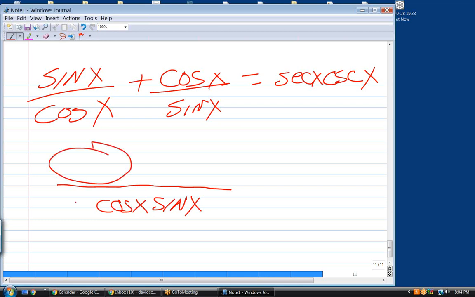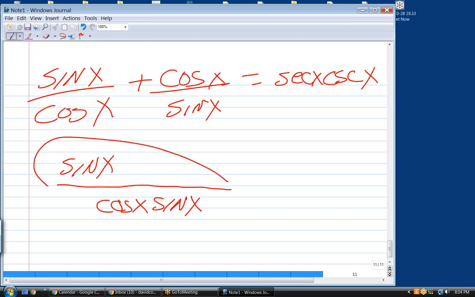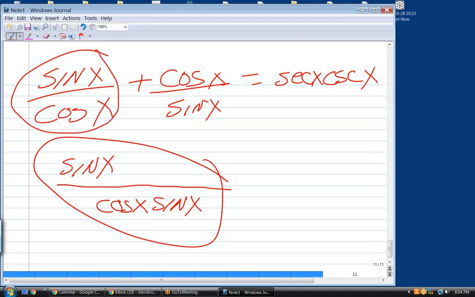What goes up here? Sine x. Before you go any further, let's check to make sure we haven't changed anything. Is that the same as that? It needs to be, and it's not. So what do I need to add?